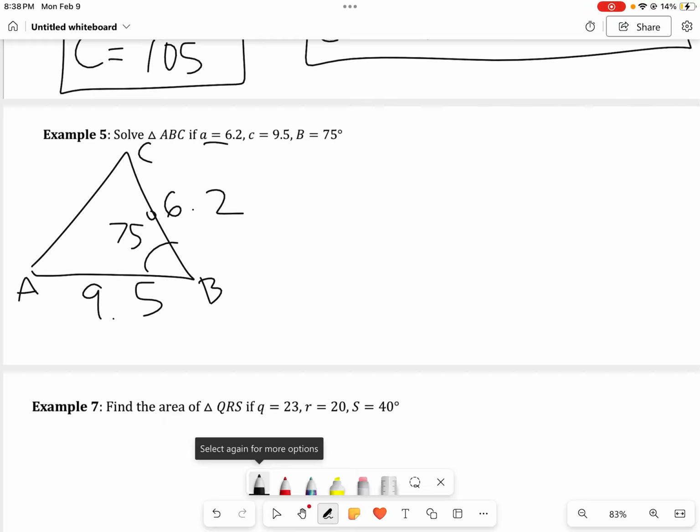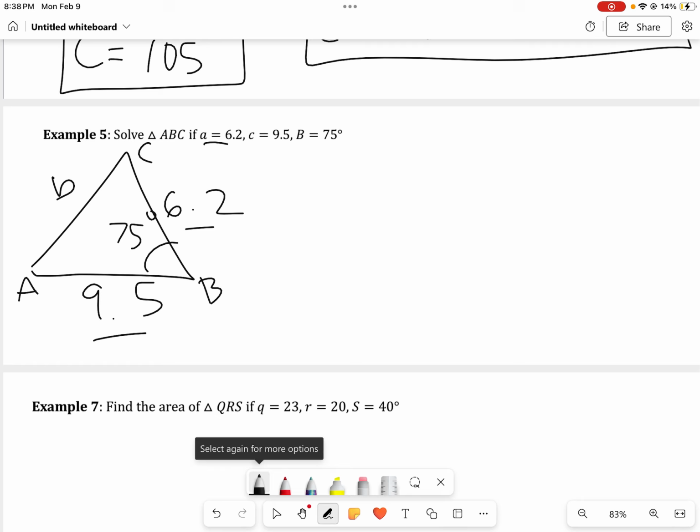Now let's see which side we can get first. So we're looking for B right now. Let's call this A, this C. So let's just plug it into that formula.